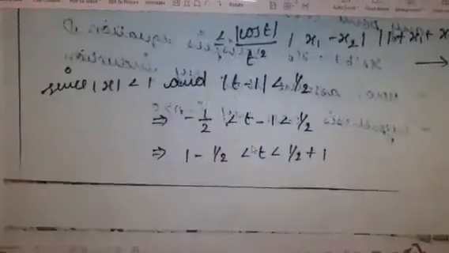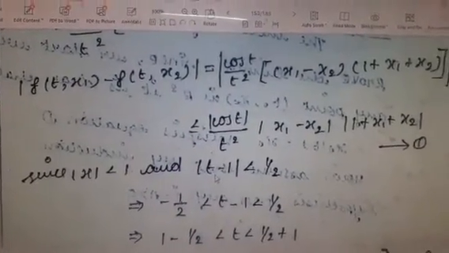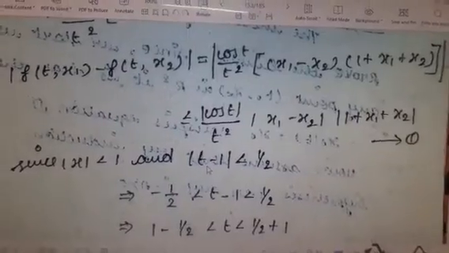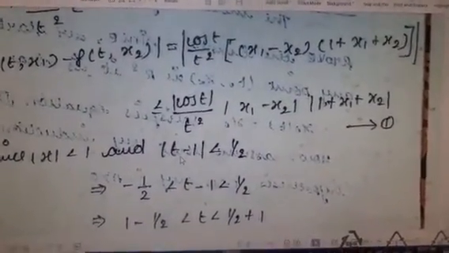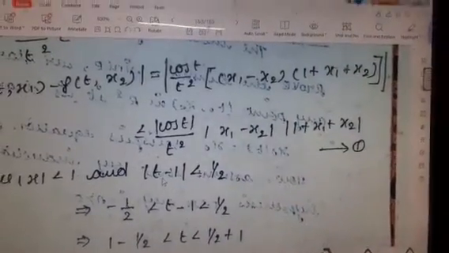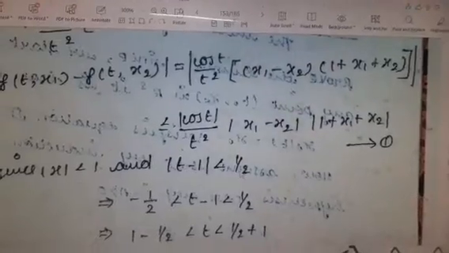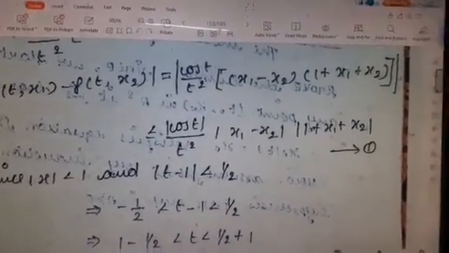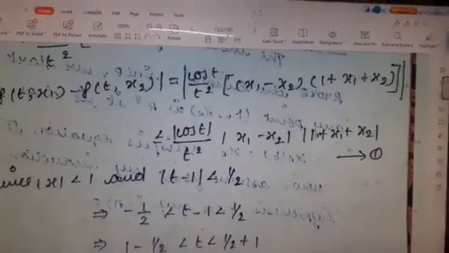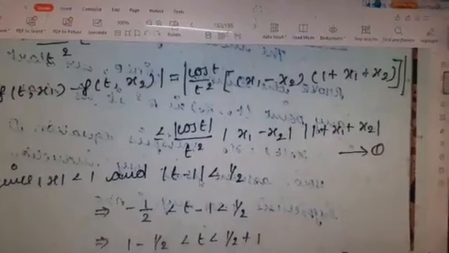So equation 1 is |f(t, x1) - f(t, x2)| less than or equal to the modulus of cos t by t squared times |x1 - x2| times |1 + x1 + x2|. Here |x1| is less than 1 and |x2| is less than 1, so |1 + x1 + x2| is less than 3.